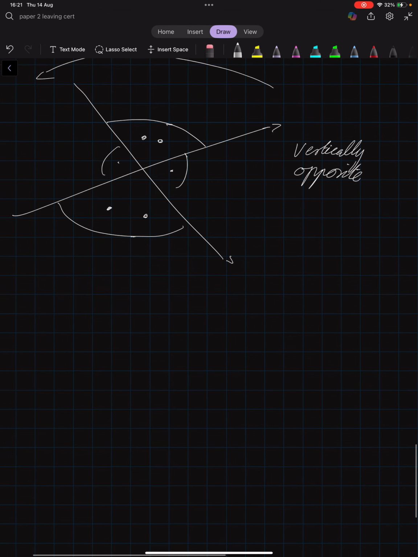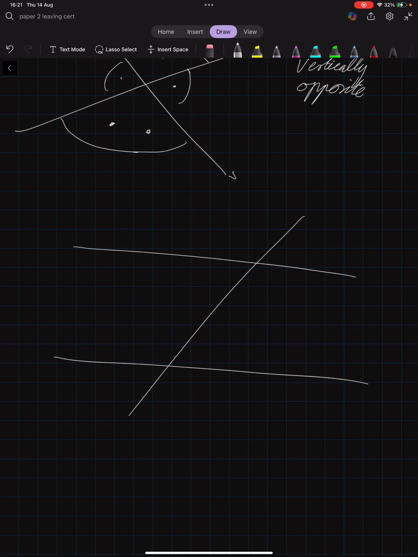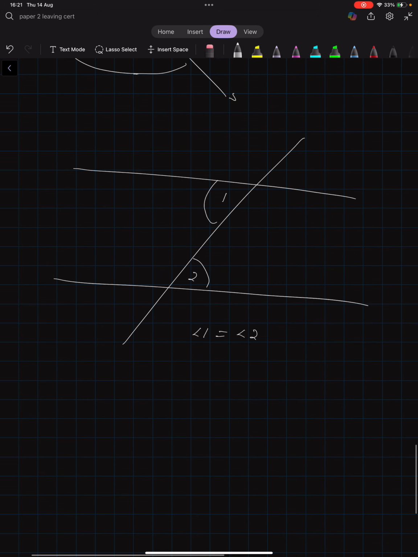Then the next thing is alternate angles. Okay? So alternate angles is basically when you have some sort of a Z shape, like between this one and this one. So angle 1 equals angle 2 in this case. Okay, because they are alternate. And this only works if these are parallel. So you have two parallel lines, okay?